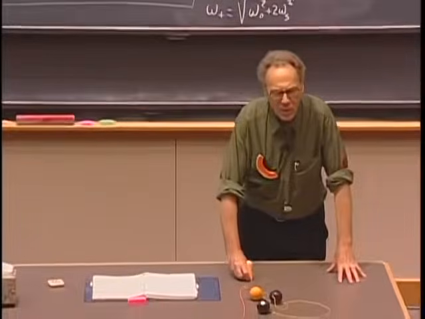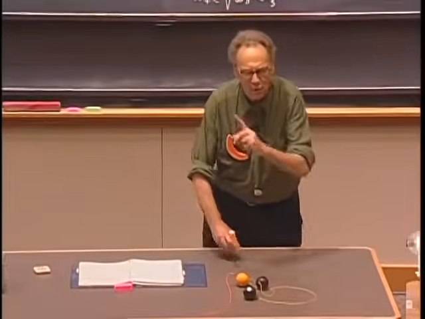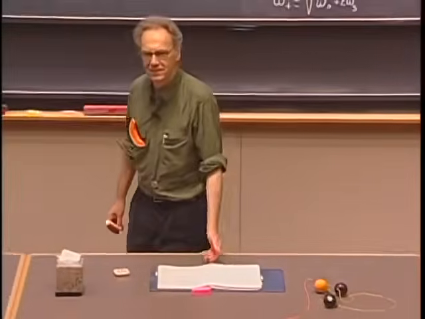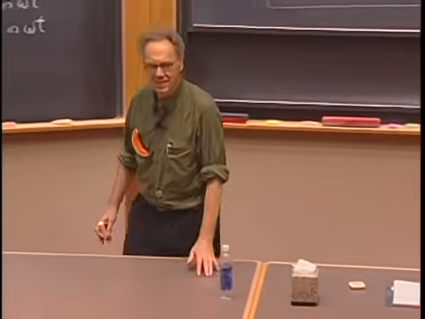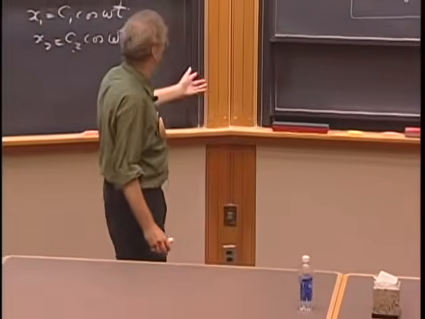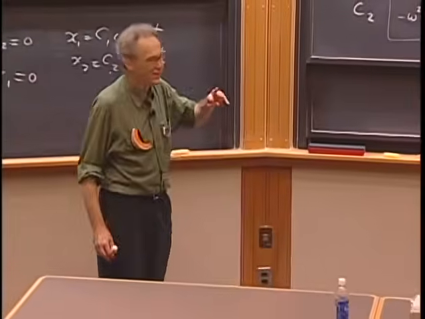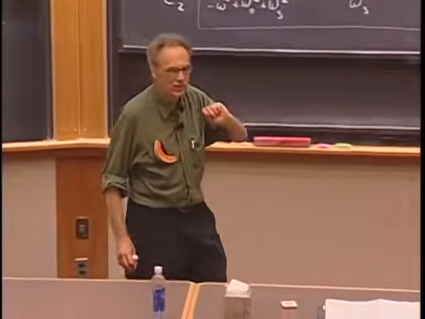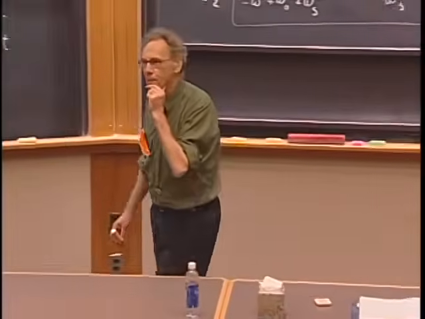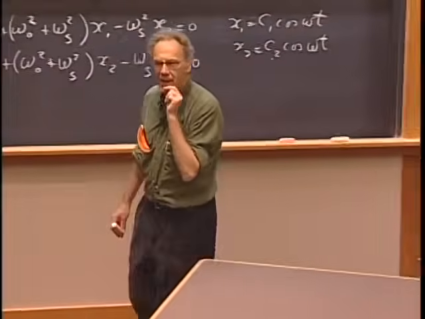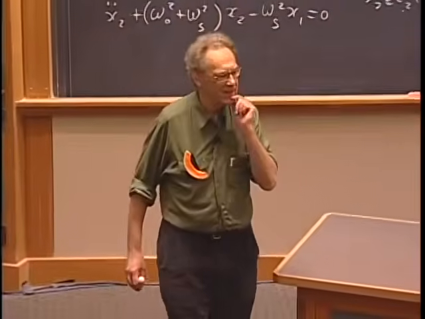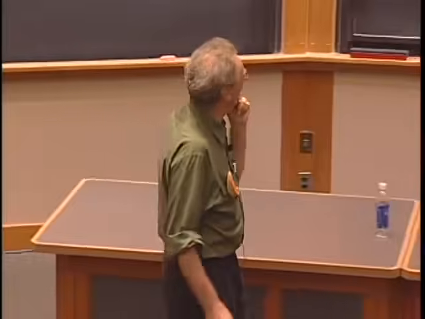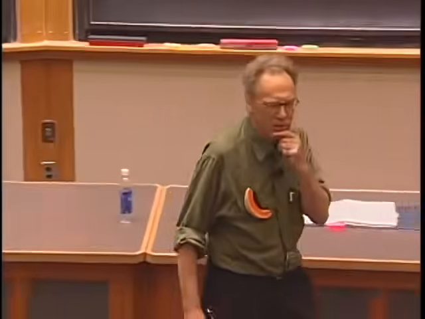But what now is C1 over C2? We haven't solved for that yet, because I promised you can always solve it in terms of omega and in terms of C1 over C2. Any volunteers? Look at the blackboard. It's somewhere hidden in those equations.